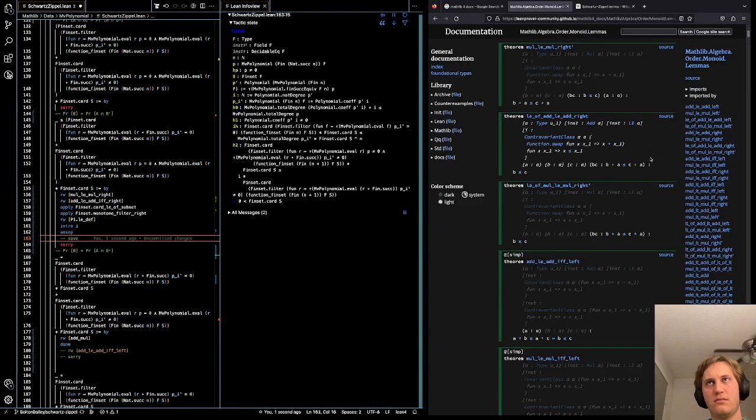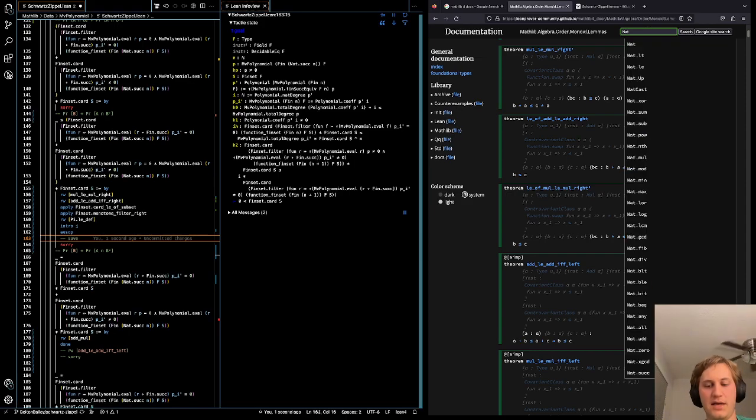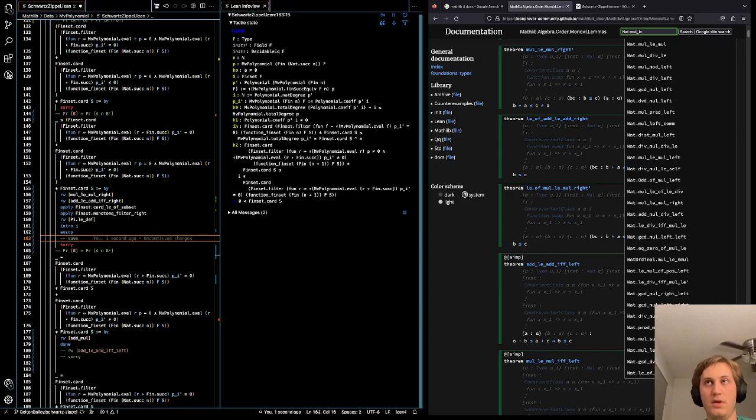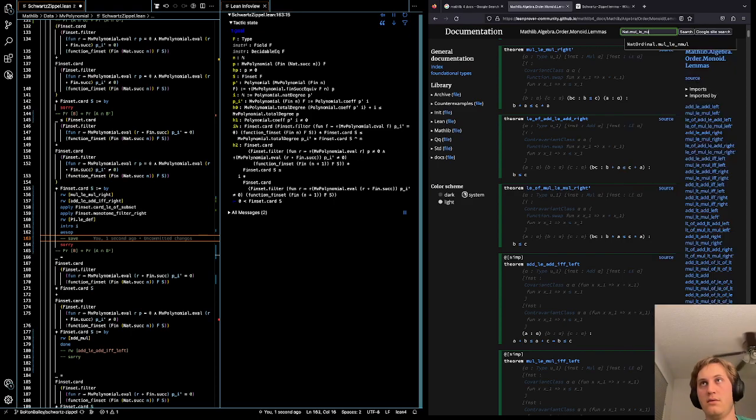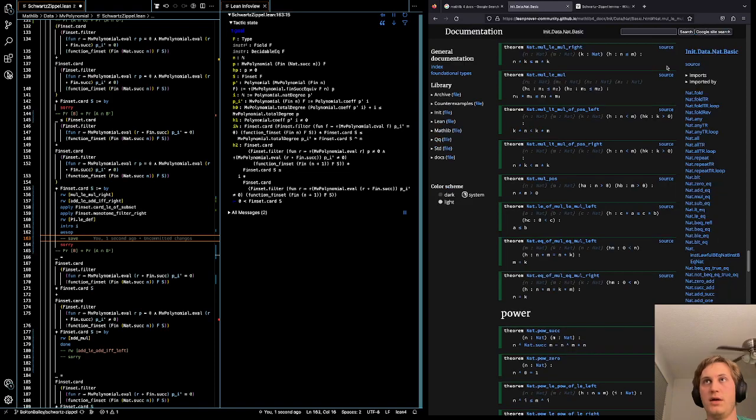Perhaps it's this? No? Maybe it's only for natural numbers, right? It's only for types which are always positive. So maybe like Nat.mul. Nat.mul, right? Okay, this looks more promising.